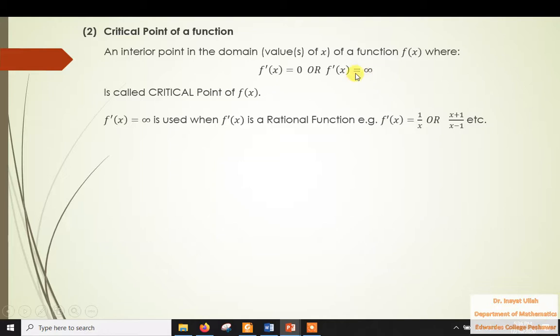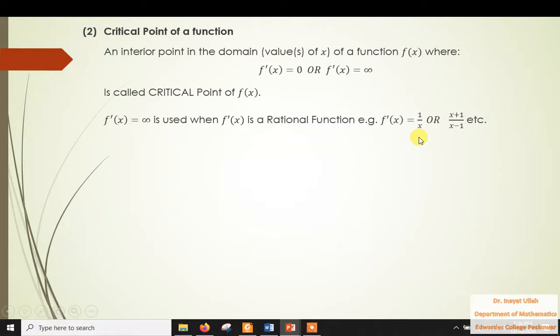Now where we use this idea, f prime x is equal to infinity. So f prime x equal to infinity is used when f prime x is a rational function. That is, if you find f prime in this style or in this style, or if the power of x is less than 1.